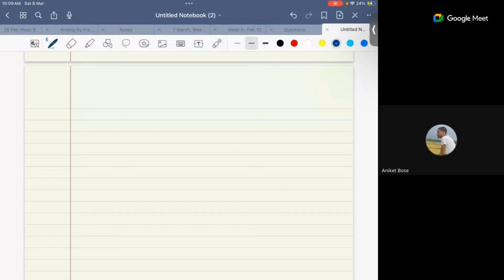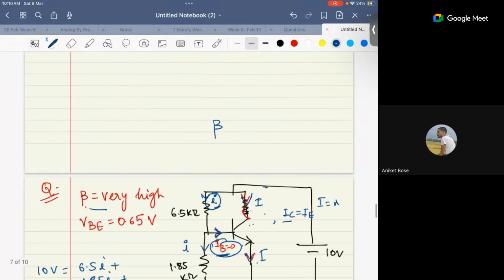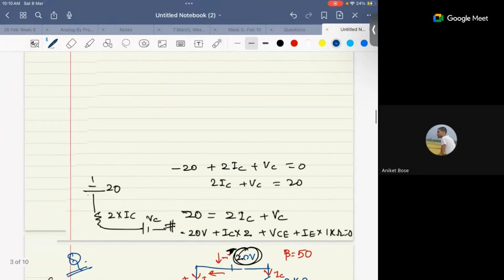In general, it can happen that the collector voltage increases, so that the BE terminal is in forward bias but the collector-base terminal is also in forward bias. This can happen, I told you in the starting. But we need not consider that combination because it will not come in our exam, right?